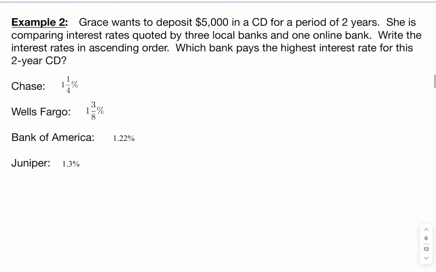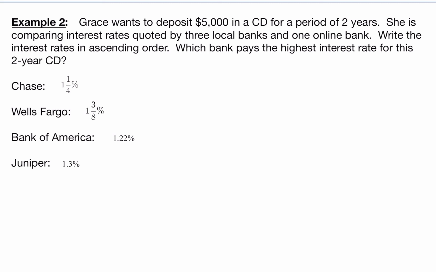All right. So in example 2, we're now gonna go back to money here in simple interest. But before we go to simple interest, we want to make sure that we understand that interest rates can be expressed as a fraction, and it could also be expressed as a decimal. So we need to understand how to convert one to the other so that we're comparing apples to apples, or decimals to decimals in this case.